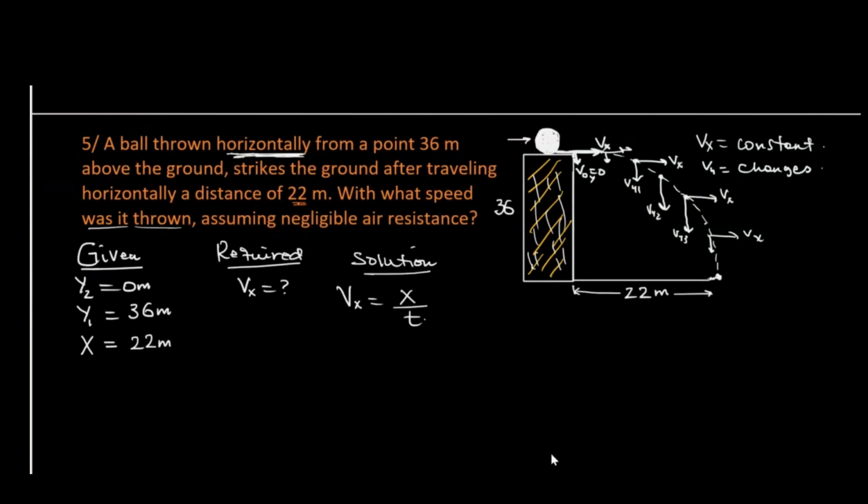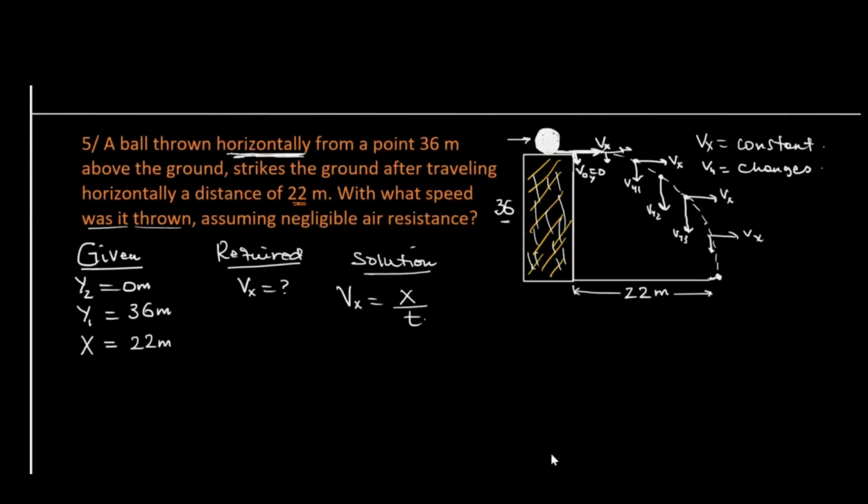This is projectile motion. If this is projectile motion, it has vertical and horizontal components, and both of them are independent. So let me check the vertical, the 36, to see if I can use it to find something that will help me calculate t, and then go back and substitute t in here.